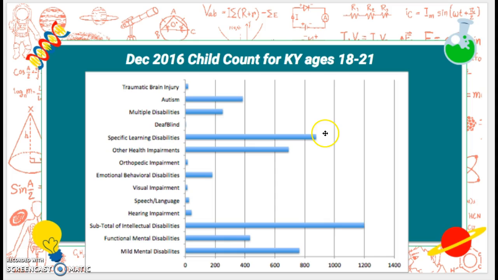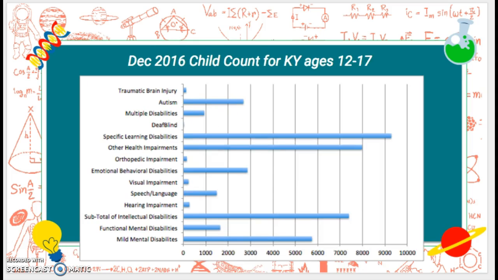By the time students get older, we notice that developmental delay is gone because that age requirement is no longer met, and we notice these other categories are getting larger. Fewer students receive speech and language, more students receive services under the intellectual disabilities category, specific learning disabilities, other health impairments, more students qualify with autism and emotional behavioral disabilities, and more students qualify with multiple disabilities.